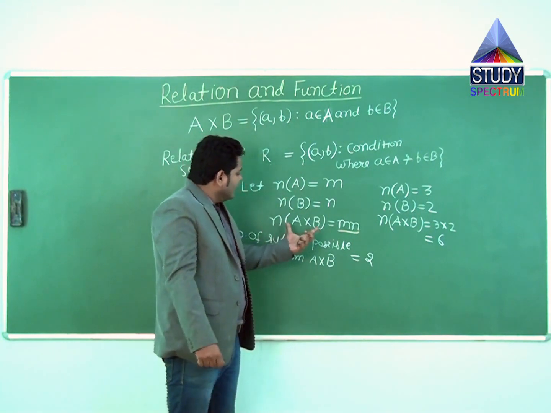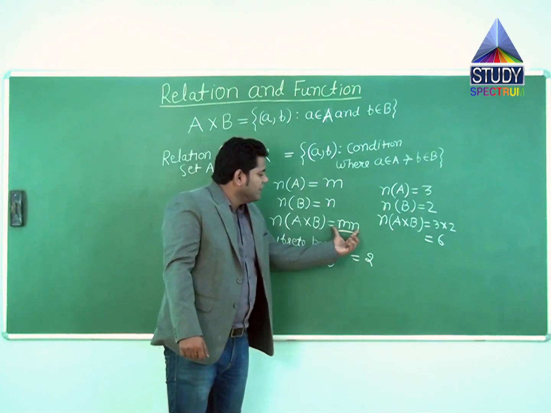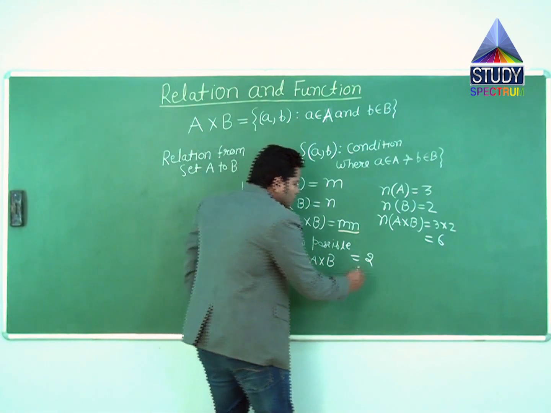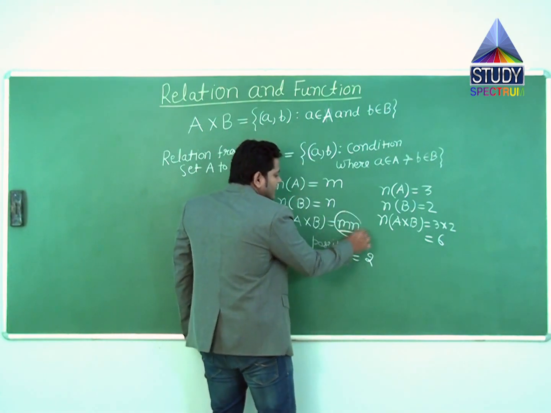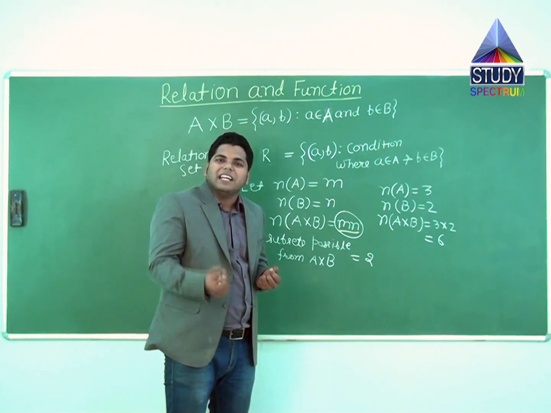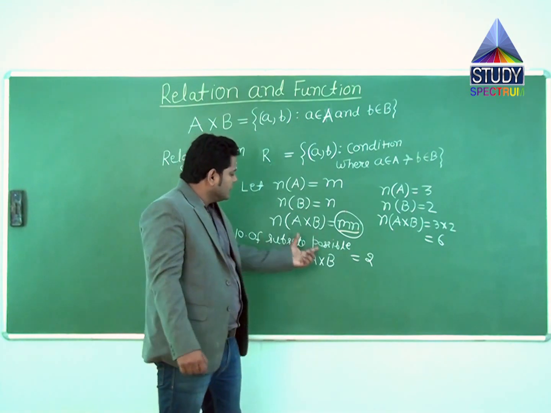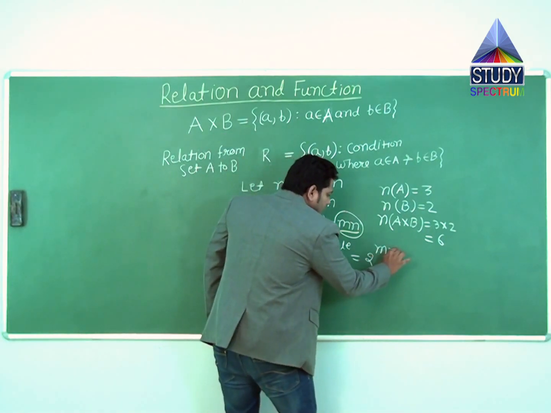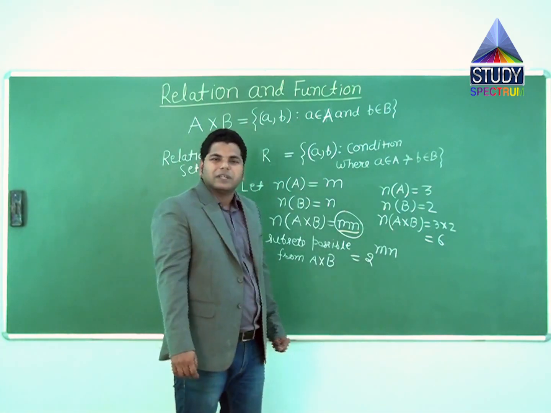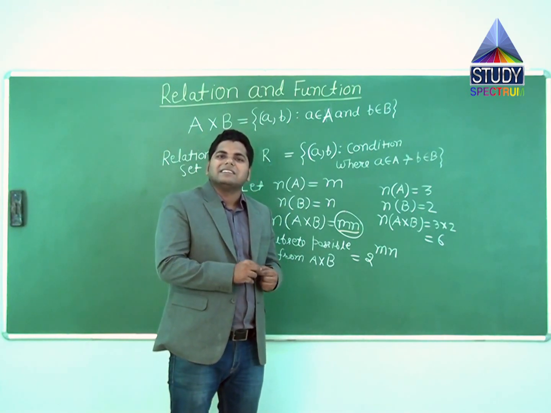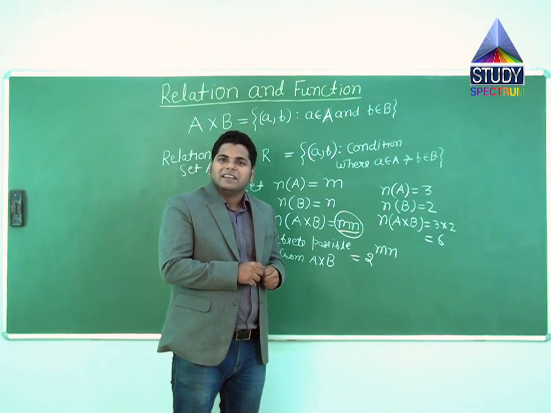A cross B has mn elements, so the number of subsets possible from A cross B will be 2 to the power n, but in place of n we have mn, meaning A cross B has mn elements. So the number of subsets possible from A cross B will be 2 to the power mn.